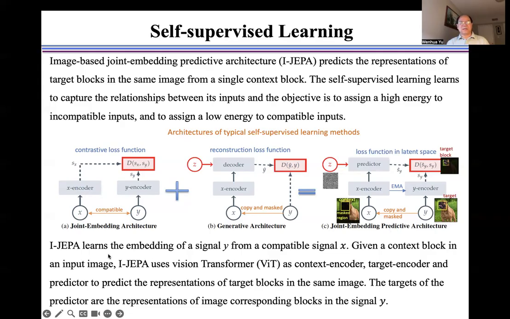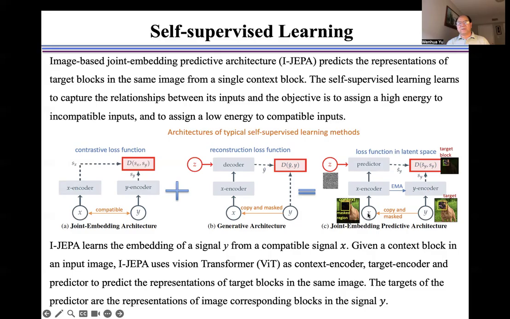I-JEPA learns the embedding of a signal Y from a compatible signal X, as shown here. Given a context block in an input image, I-JEPA uses a vision transformer as a context encoder, target encoder, and a predictor to predict the representations of target blocks in the same image, as shown here.